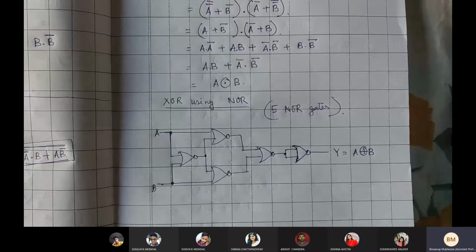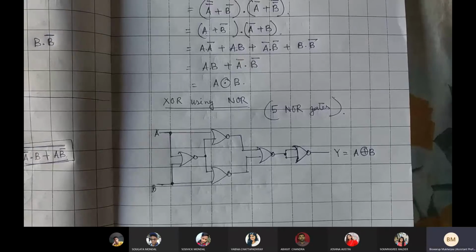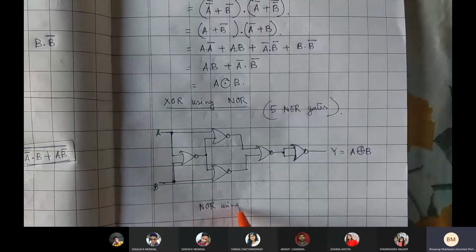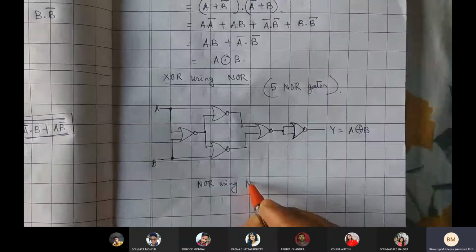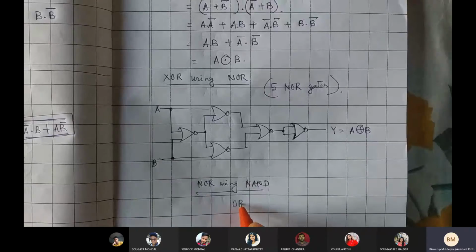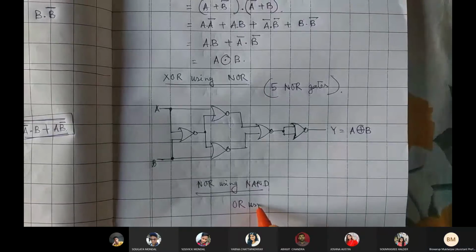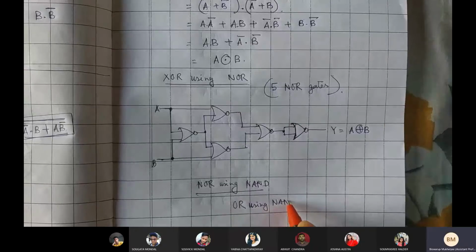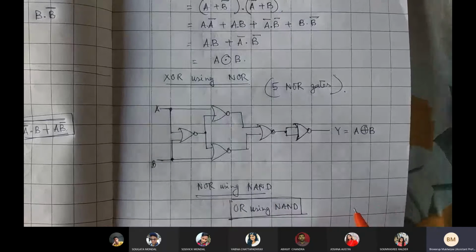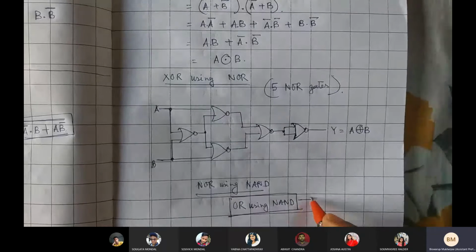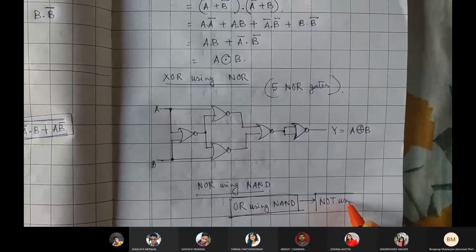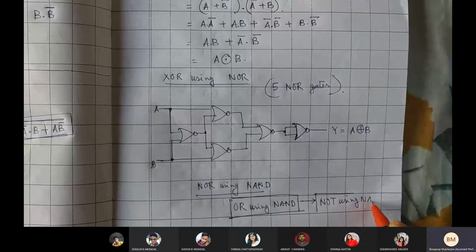If you want to make NOR using NAND, though it is not very much required, first make one OR using NAND, which I have already given, followed by NOT using NAND, right?